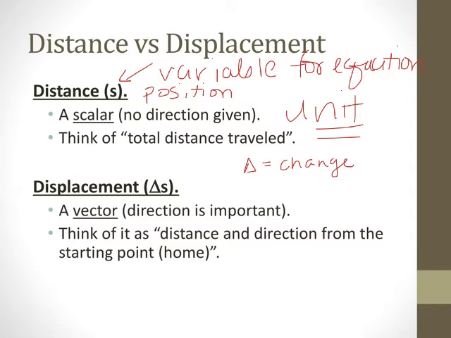It's the change from your starting point to your ending point, so sometimes the path in between doesn't quite matter. Another way of thinking about this, it's the distance and direction from the starting point. So displacement's a vector, distance is a scalar.